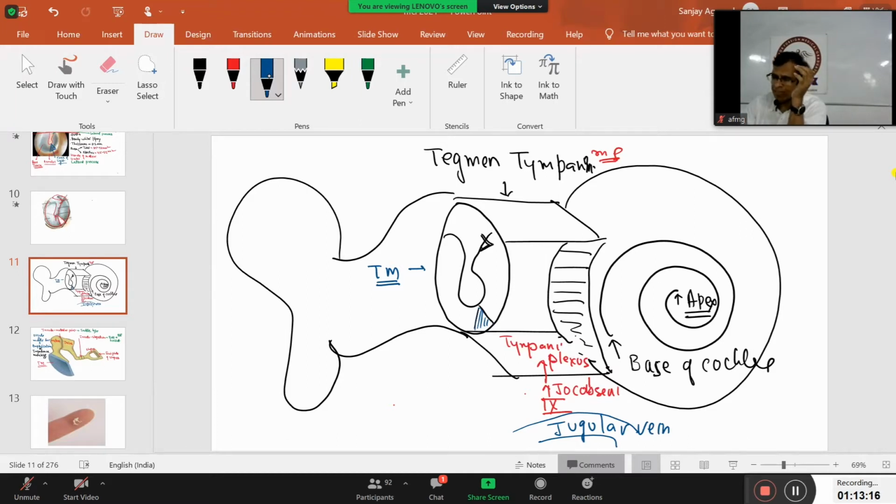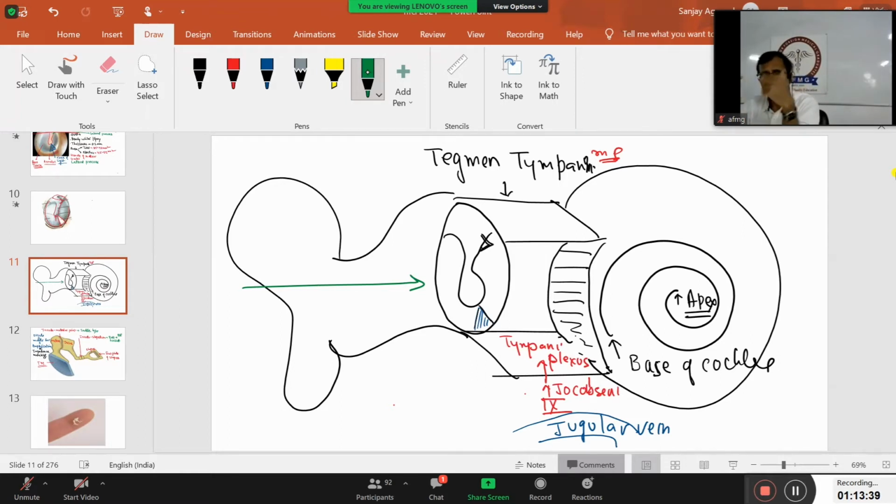Now, if I'm looking in the ear from outside, what do you see? You can see the tympanic membrane. Which boundary of the middle ear? Outer boundary, lateral boundary. Out of 6, you can only see 1. Rest of the 5 are hidden.